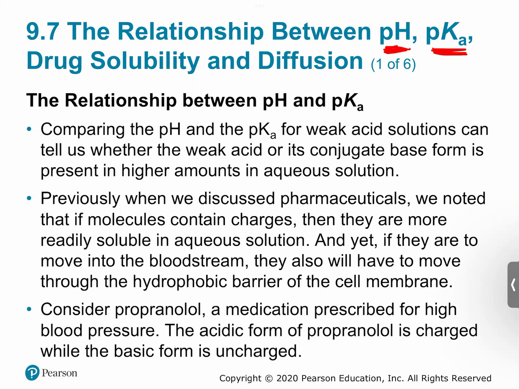The acidic form is charged, and the basic form is uncharged. Okay, so there's going to be different forms that you're going to have here, right? So it's going to depend all on pH and where that stands relative to pKa. Okay, so by comparing those two values, the pH and the pKa, for a weak acid solution, we know if there's more of that weak acid or the conjugate base there, basically.